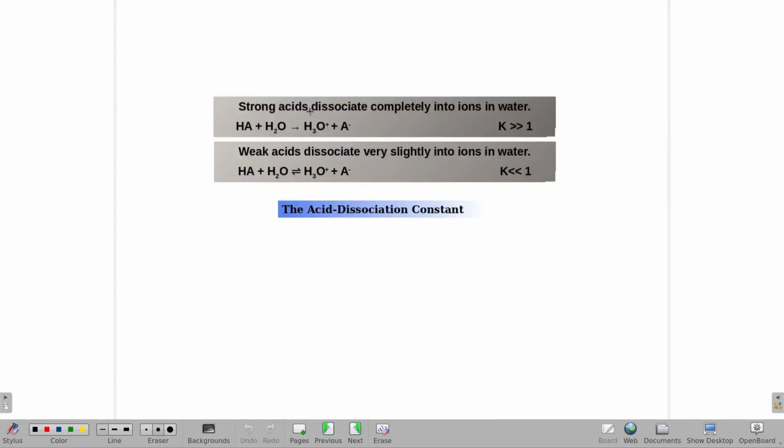Alright, so let's start by figuring out what a dissociation constant looks like. It doesn't matter what the equation is, whether it's a strong acid or a weak acid, we do have a K for that. It would be the H3O+, there we have it, with A-, and then on the bottom is HA and water. And all acids would look like that. That's our acid.